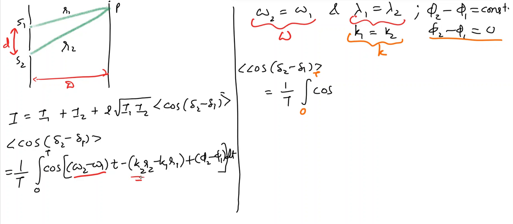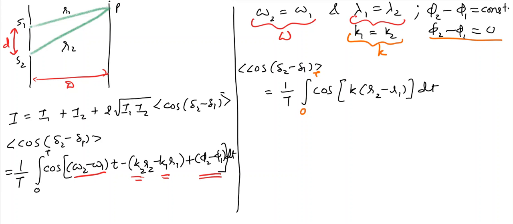Here instead of k2 and k1, I can write k times (r2 minus r1). And again, as we are assuming phi 2 and phi 1 to be the same, that term will also reduce to 0.